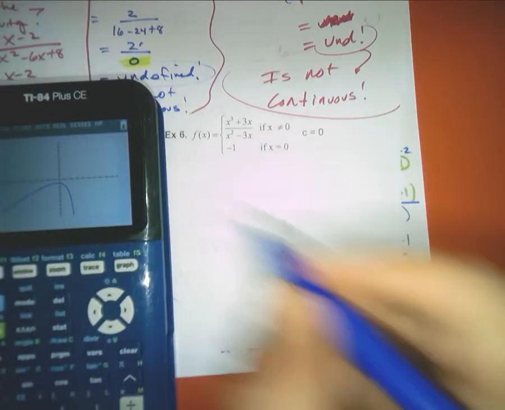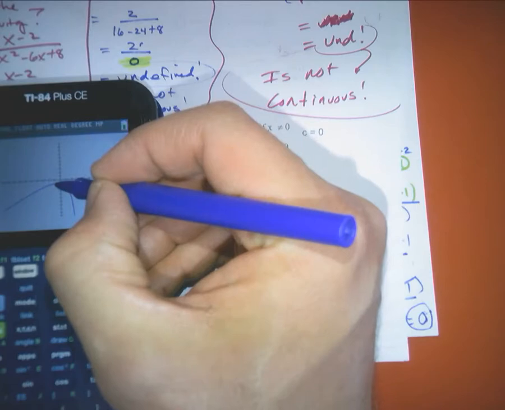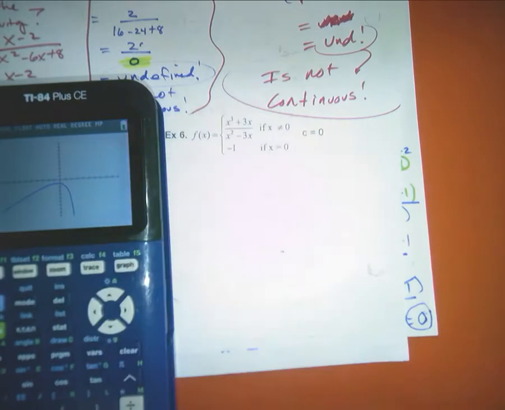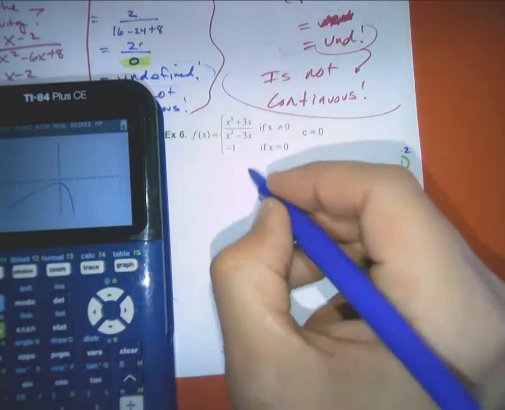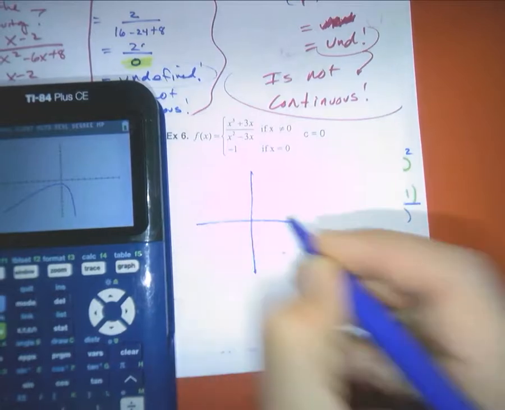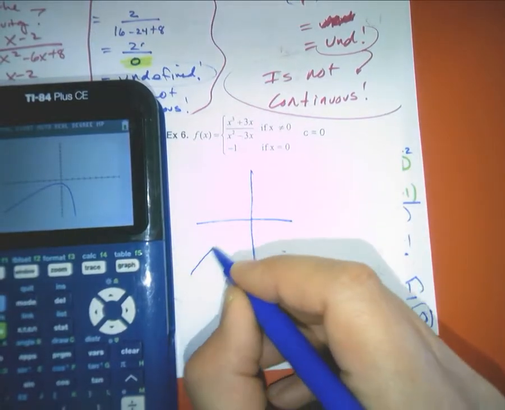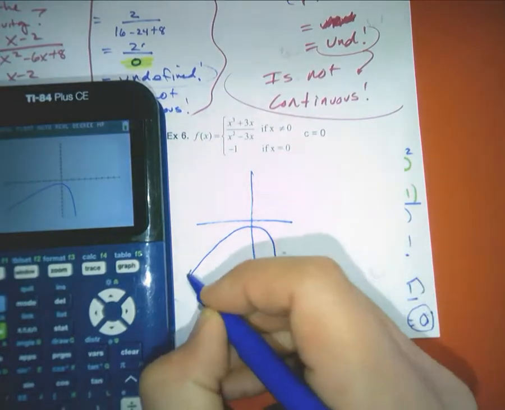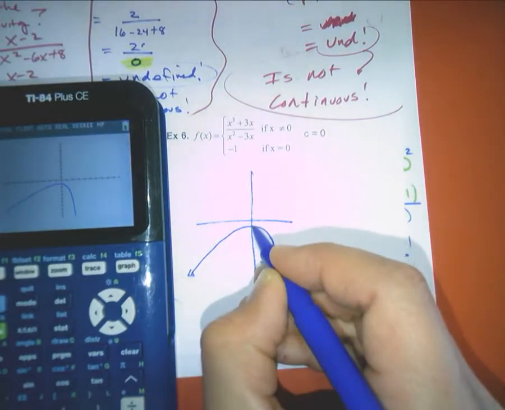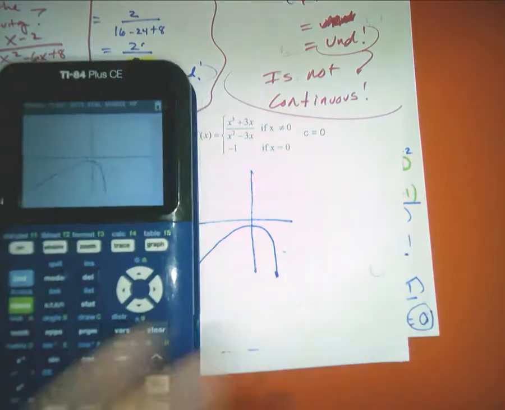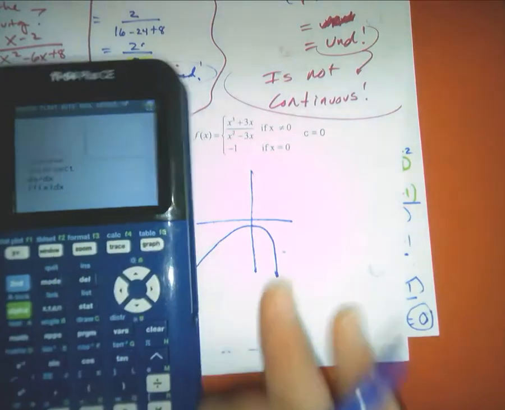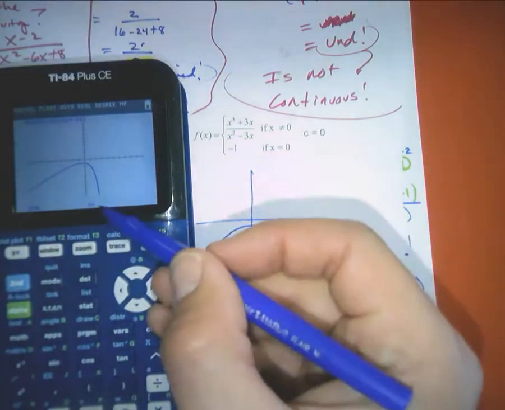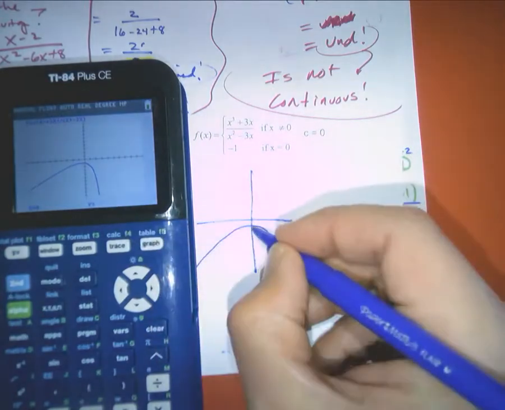Now again, we're trying to figure out, at 0, is this thing continuous? Looking at this rough sketch, right now it looks continuous. It looks like that's filled in. But if I go second trace, value 0, I've got a big old hole there.